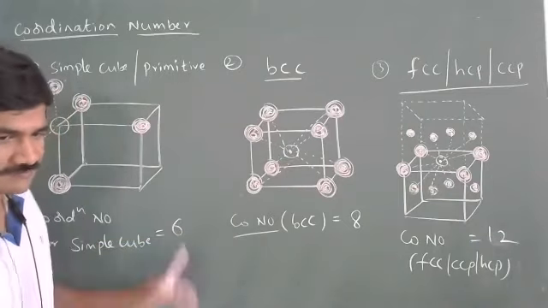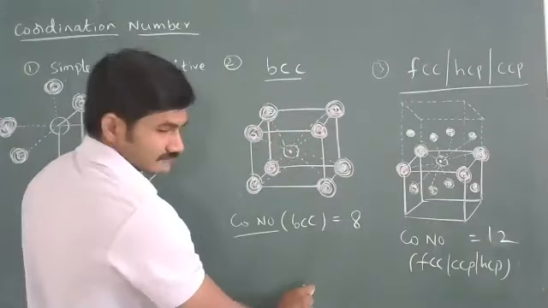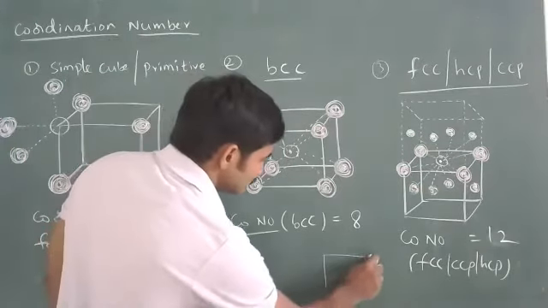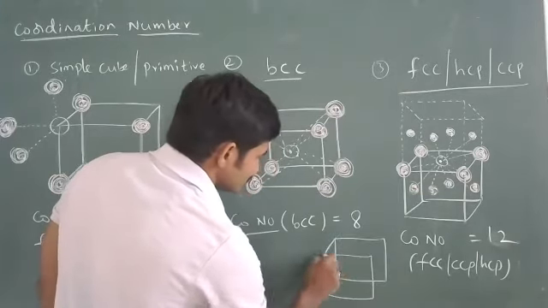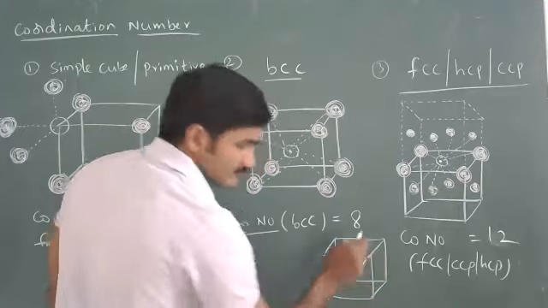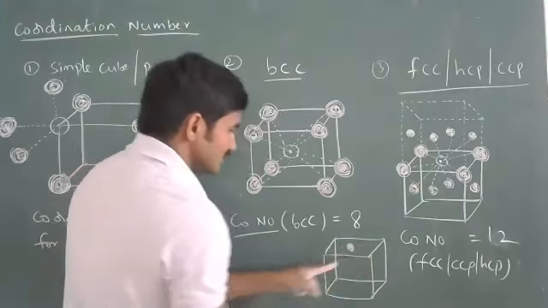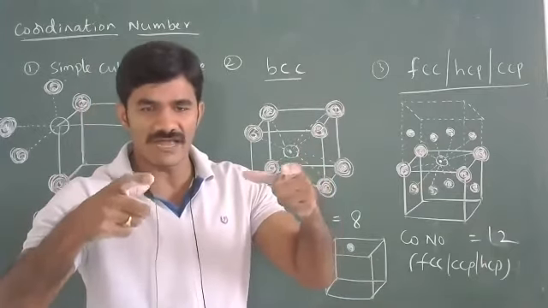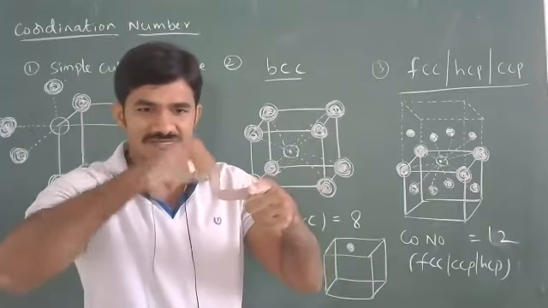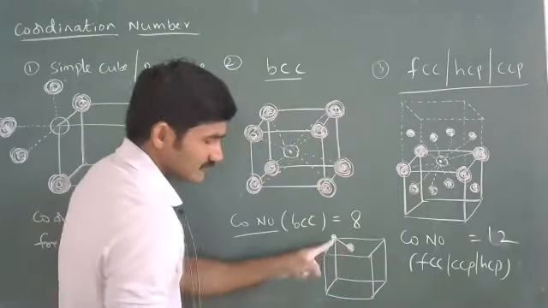Okay, FCC once again I'll explain. You see, I'll draw here. I'll take one face center. This atom I'll take. Between the 4 atoms we have one face center. So this will touch this. Yes or no?